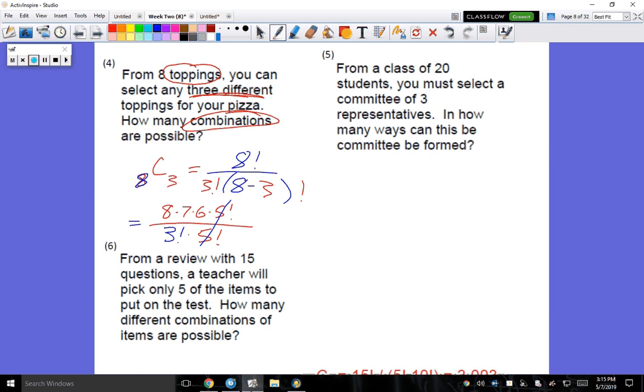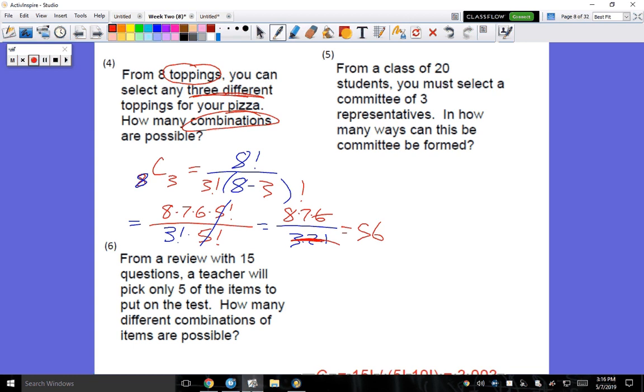And then 3 factorial we can write as 3, 2, 1. We still have 8, 7, 6 left to reduce and cancel. And look at this. All that is 6. You with me? So 3 times 2 times 1 is 6. So it'll reduce to 56 different combinations that I can do to get 3 different toppings. Does that make sense? Okay. Notice that they're different toppings. They're not the same toppings.